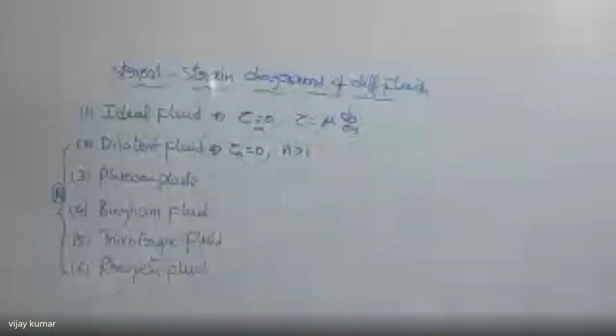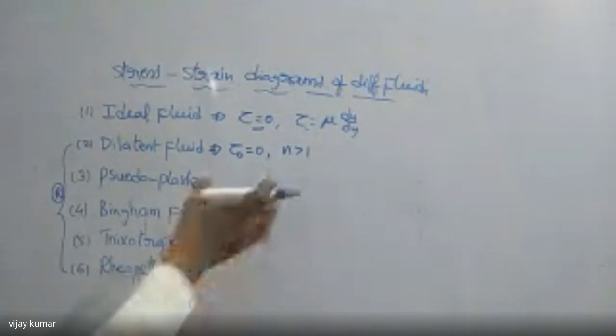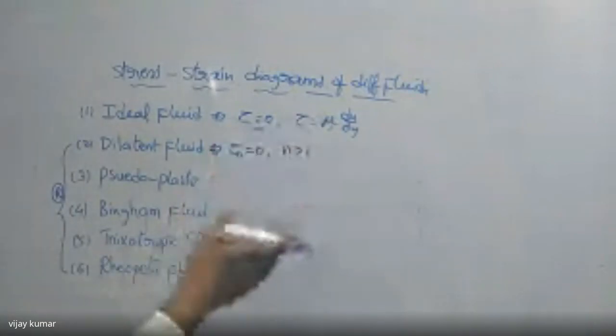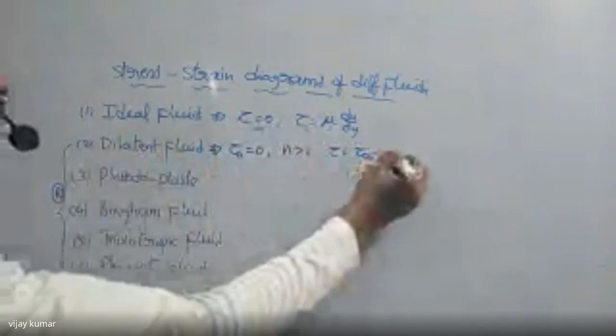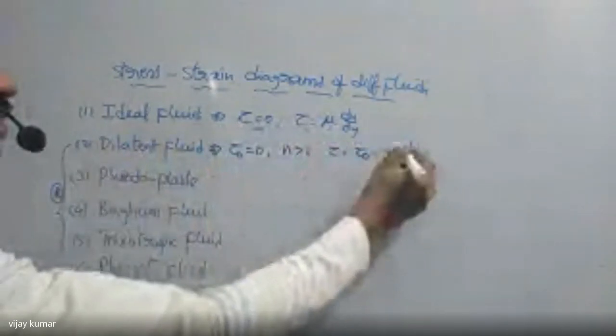This is the condition followed by this fluid, and the fluid is named as dilatant. Those fluids are considered dilatant. Now, we substitute this condition in the basic equation of non-Newtonian fluid. So this fluid follows this equation: tau is equal to tau naught plus mu into (du by dy) whole power n, in general.